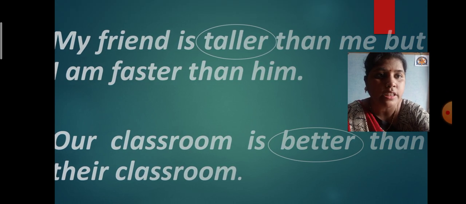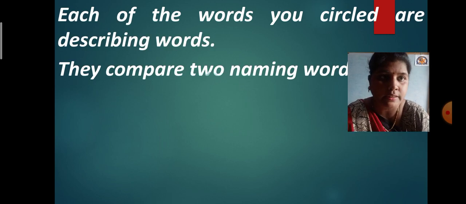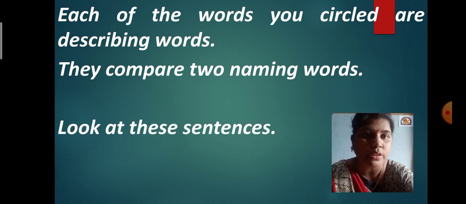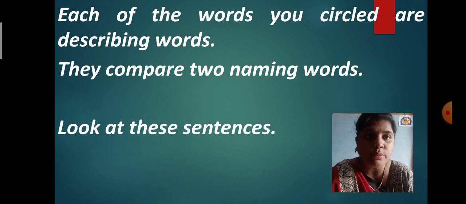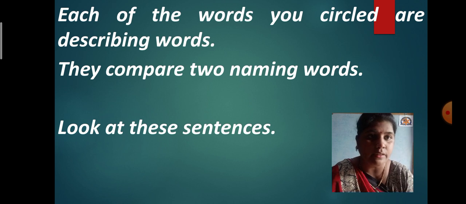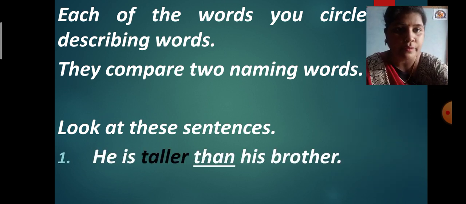Let us move forward. Let us see the next slide. Each of the words you circled are describing words. They compare two naming words. Now look at these two sentences.